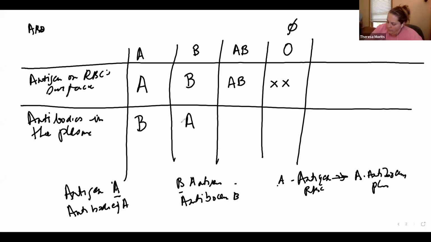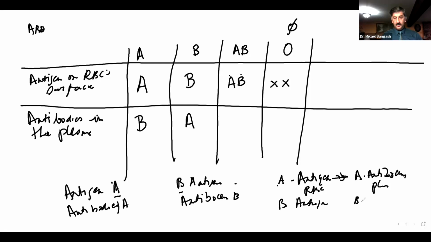Now, a person who has both the A antigen and B antigen. We already said that the A antigen will interact with the A antibody. We likewise can say that the B antigen will also interact with the B antibody.